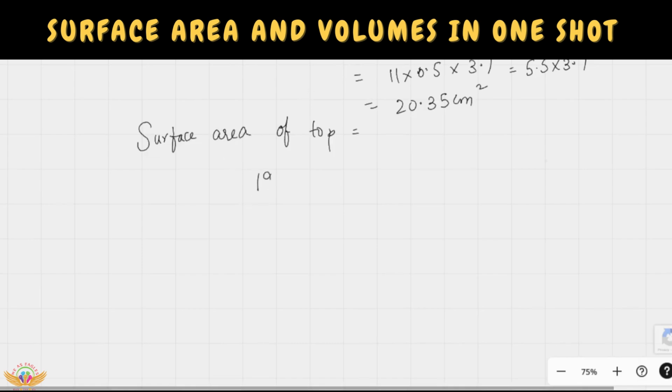So it is 19.25 plus 20.35 centimeter square, which equals approximately 39.6 centimeter square. I'm writing it approximately because the calculation takes a long time, right? So you can just make it approximately.